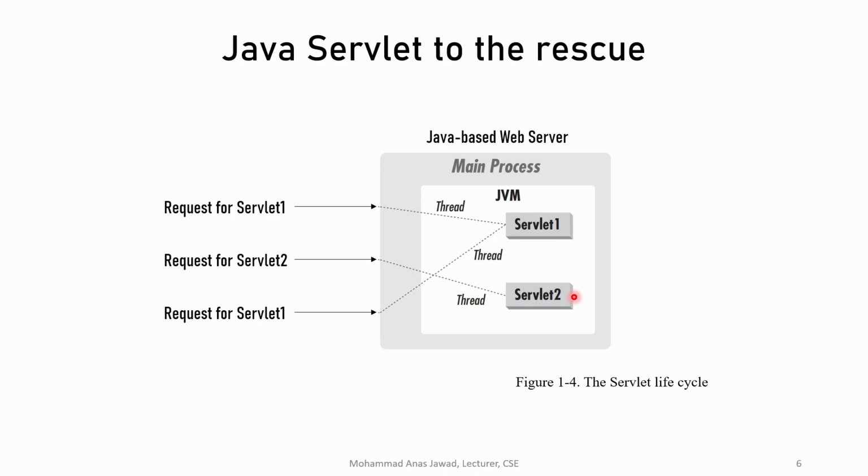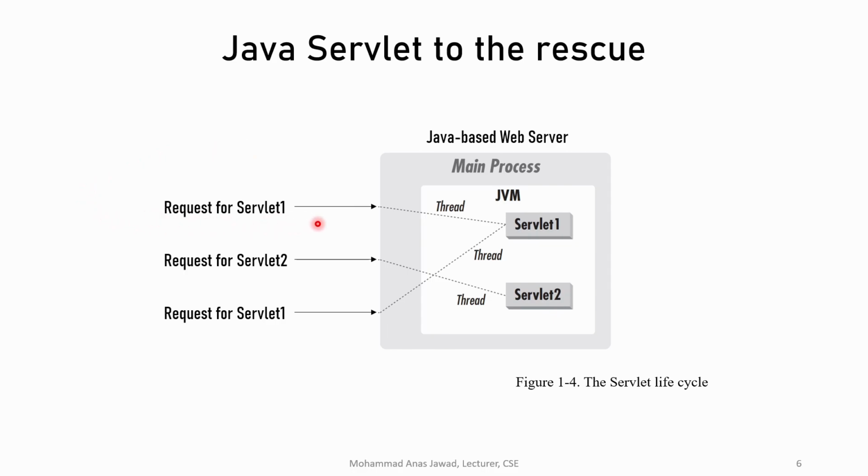So in this diagram, you can see that we have a Java-based web server here, which is running a single main process. And inside this main process, we have our JVM, which is handling the servlets that we have in our server. In this case, we have two servlets for handling two separate categories of requests. We have servlet 1 and we have servlet 2. Now, imagine that we have an incoming request for servlet 1.